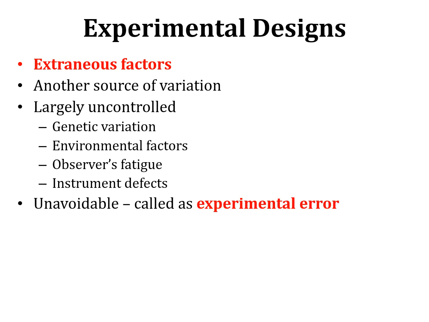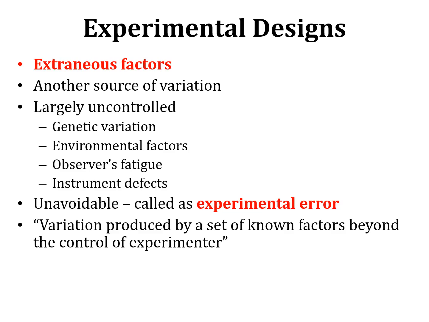These are unavoidable, and they result in a source of variation known as experimental error. This is basically variation produced by a set of known factors beyond the control of the experimenter. So we know about these factors: the genetic variation, the environmental factors, the observer's fatigue, and that our instruments can sometimes give an error in the observations.